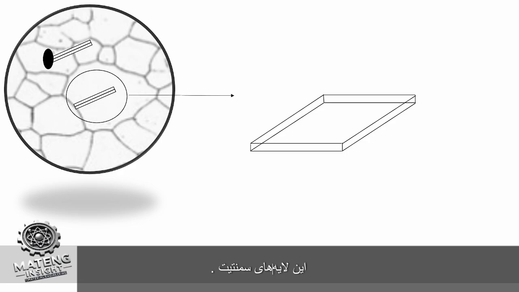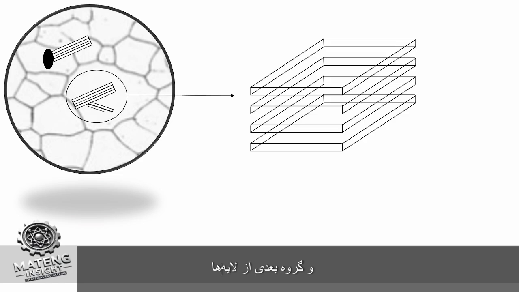These layers of cementite and ferrite are called pearlite. This process continues until this group of layers is stopped by an obstacle, for example, an impurity, and the next group of layers will be created.